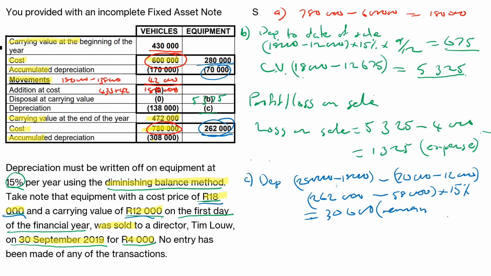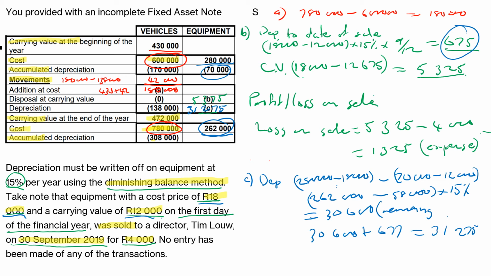But for C, we need total depreciation for the year, which includes this particular depreciation that we just calculated. So total depreciation that is going to come to C will be 30,600 plus 675, which gives you 31,275. So here we have 31,275.